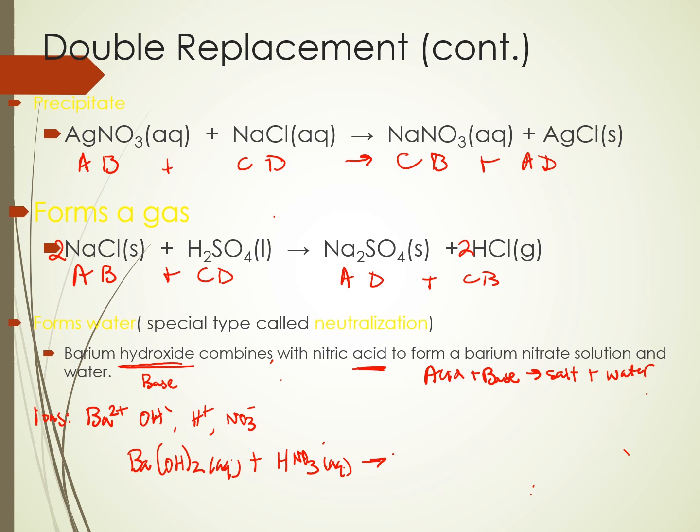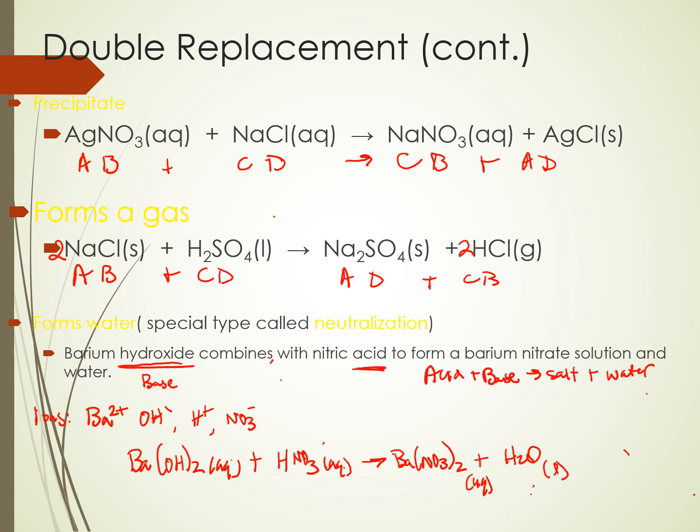It is going to form the salt, barium nitrate, so Ba 2+, NO3 1-, so I'd have Ba(NO3)2, and then I would have water as my other product. So again, this would be aqueous, and this would be a liquid.